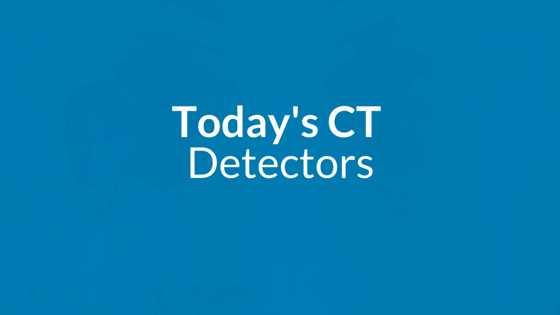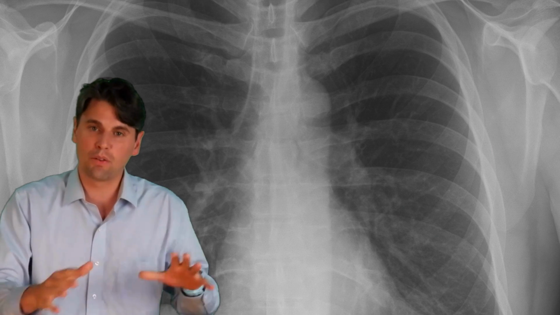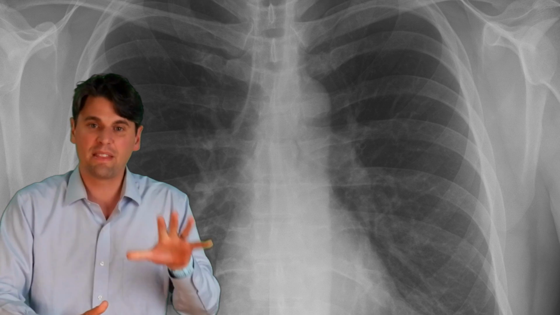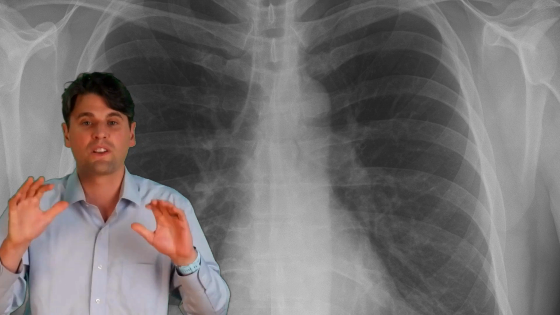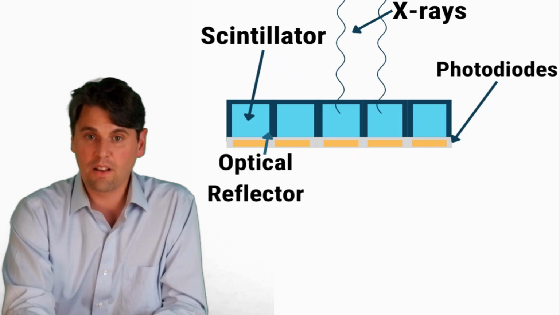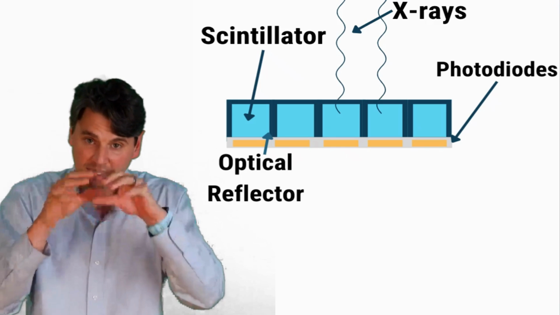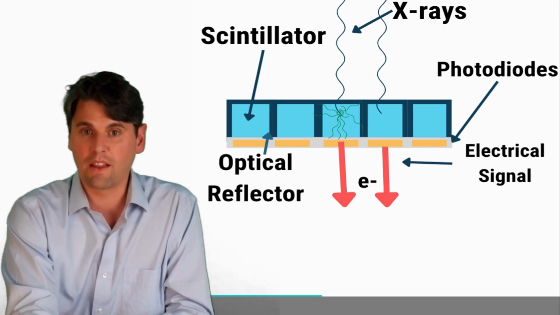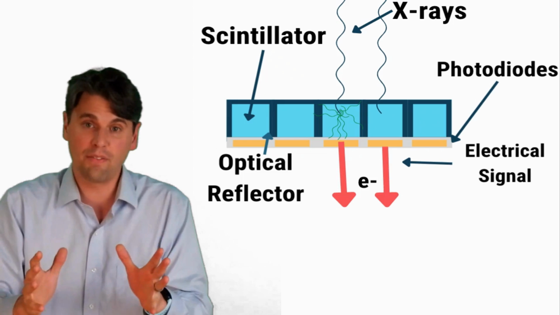If you haven't seen our video on CT detectors, check that one out where we go through in a little bit more detail on the scintillation-based detector. But the idea of the scintillation-based detector, which is the gold standard in the field today, is that the X-rays come in, the X-ray is then converted from an X-ray into light photons. So we're talking about hundreds of light photons per X-ray photon.